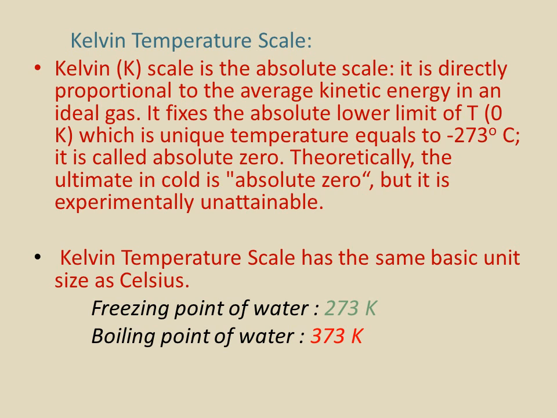Theoretically, the ultimate in cold is absolute zero, but it is experimentally unattainable. The Kelvin temperature scale has the same basic unit size as Celsius. So the freezing point of water is 273 K and the boiling point of water is 373 K.